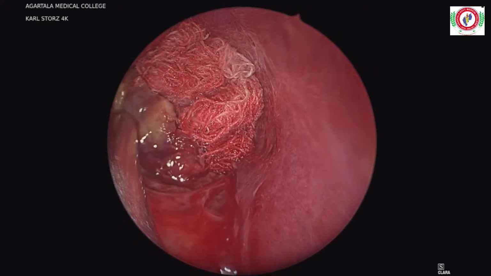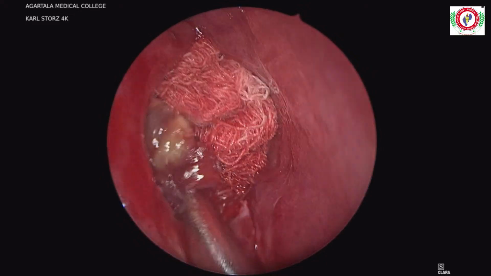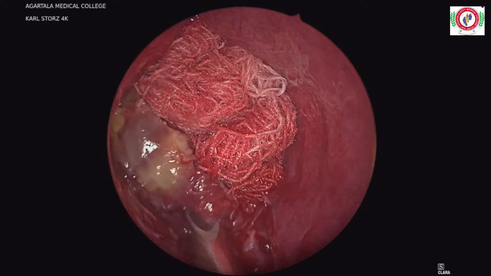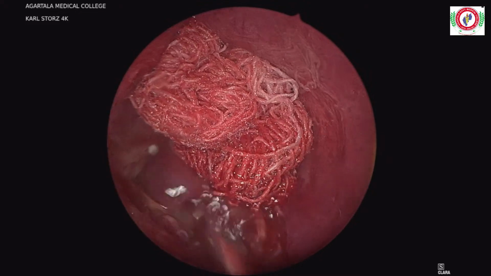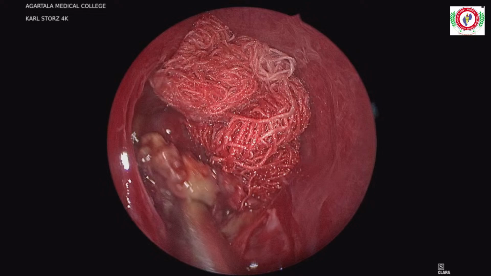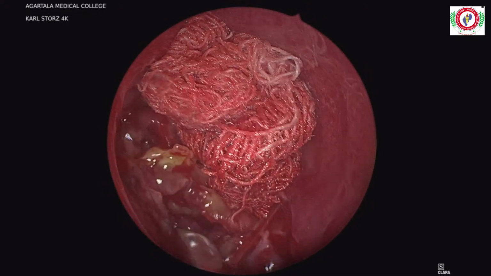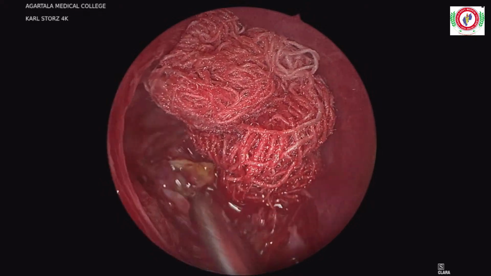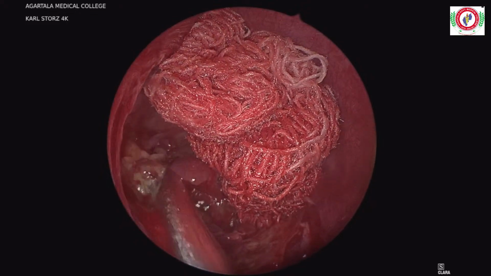Is the debrider ready? This is a 12-degree debrider blade that we are using. It is almost equally good. We can do all those things that we do with a 0-degree blade with this 12-degree blade also.